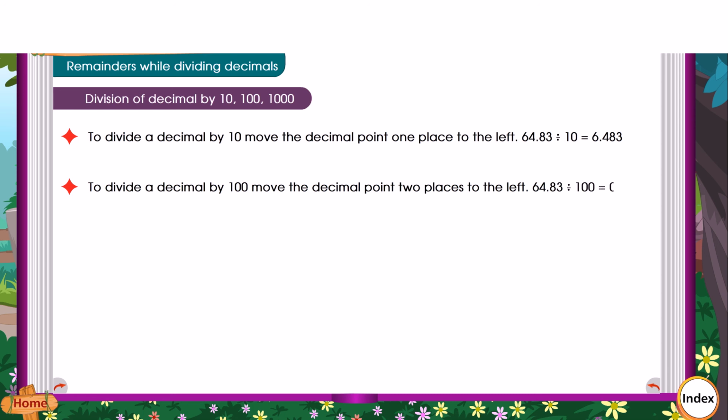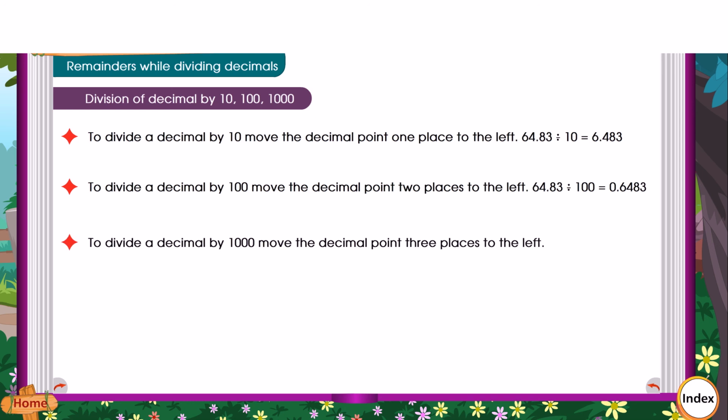To divide a decimal by 1000, move the decimal point three places to the left. 64.83 divided by 1000 is equal to 0.06483.